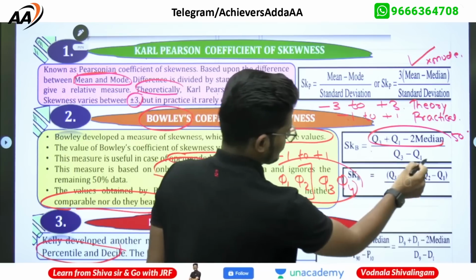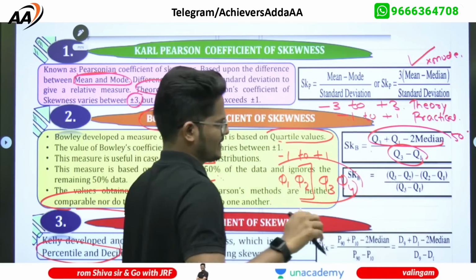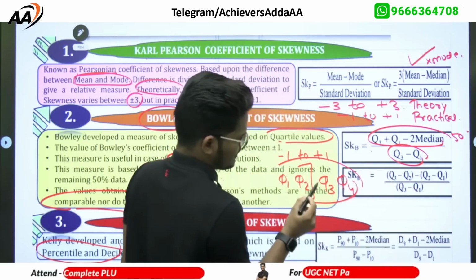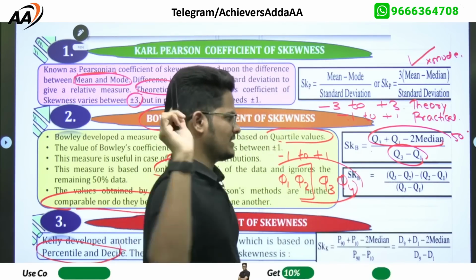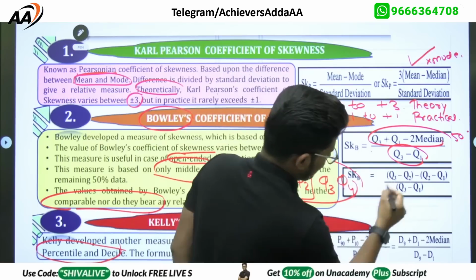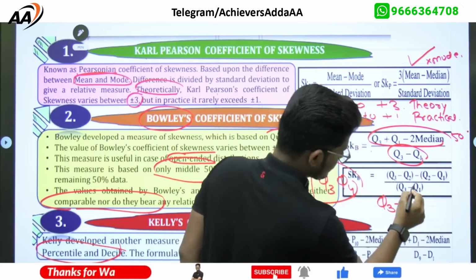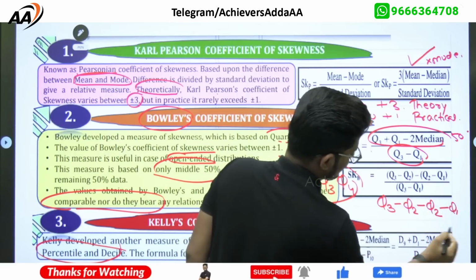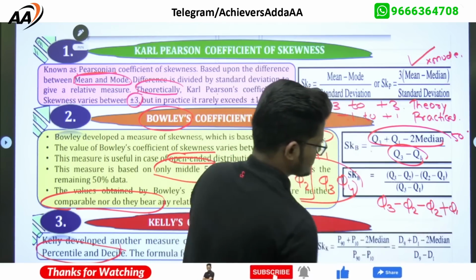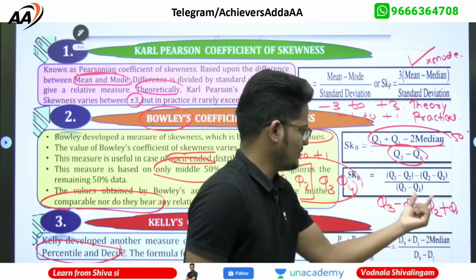Q3 minus Q1 means only 50% will come, because it is between Q1 and Q3. The second formula will be Q3 minus Q2 minus Q2 minus Q1.